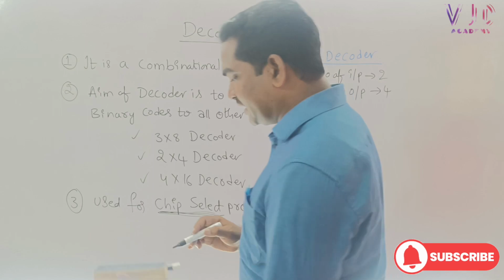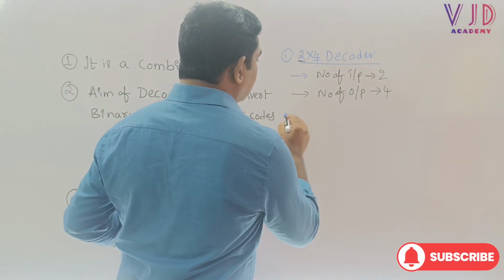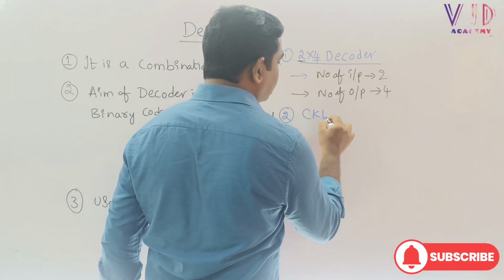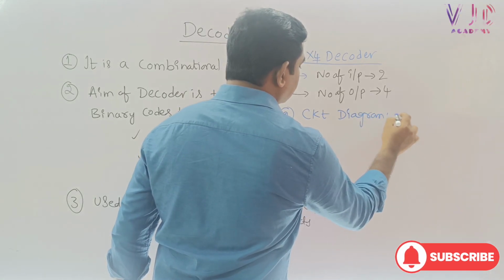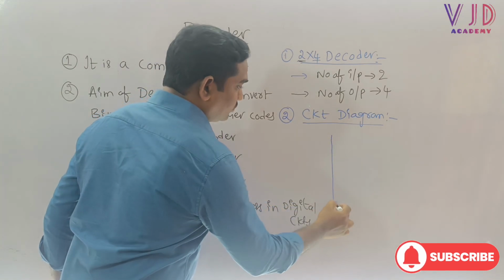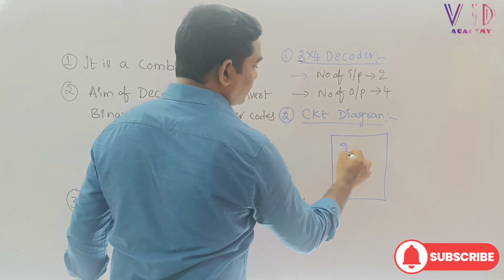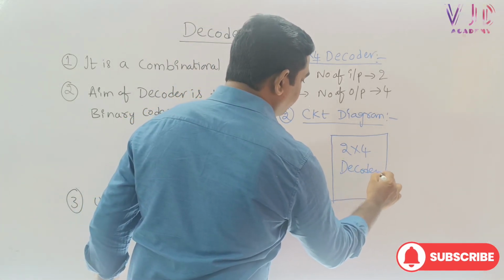Sir, can you please tell me what the circuit diagram for this 2 to 4 decoder is? Here the circuit diagram is like this. Here we have a 2 to 4 decoder.